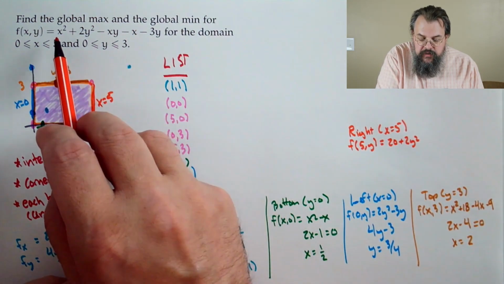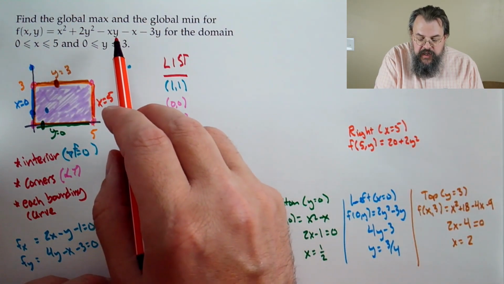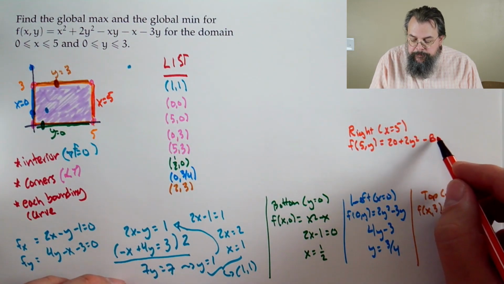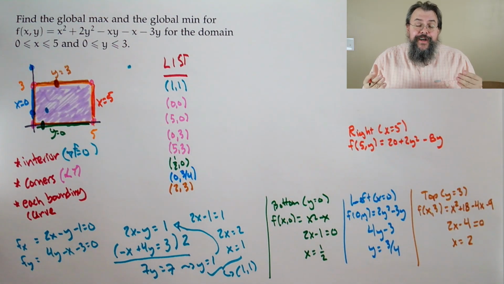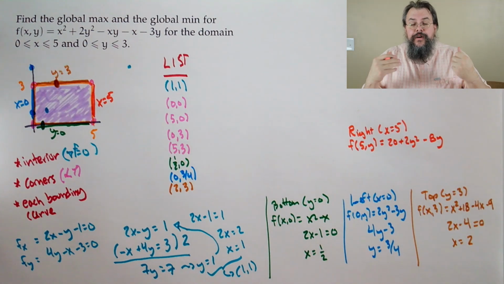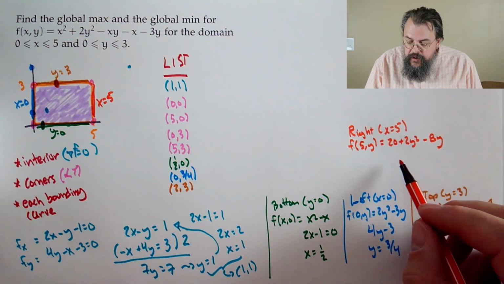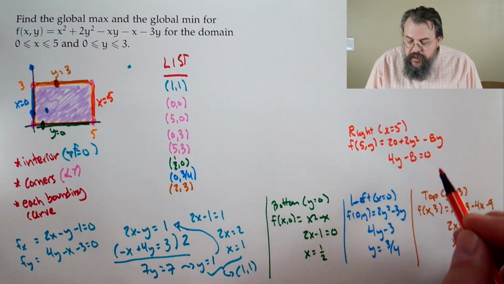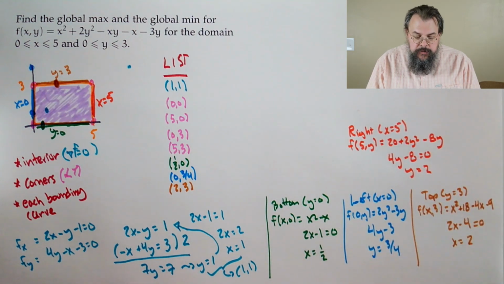Remember, we've already got the minus x, so that became part of the x squared minus x being 20. Minus 5y minus 3y is minus 8y. So along this edge, our function behaves nicely like a function of one variable. And therefore, we can now take our derivative and we say, okay, look, critical point, 4y minus 8 equals 0, which says y equals 2. Great.